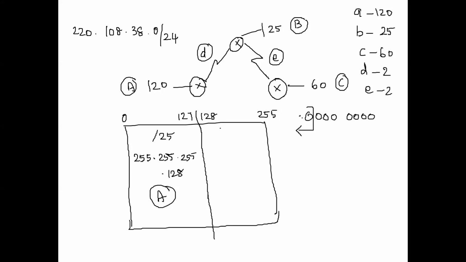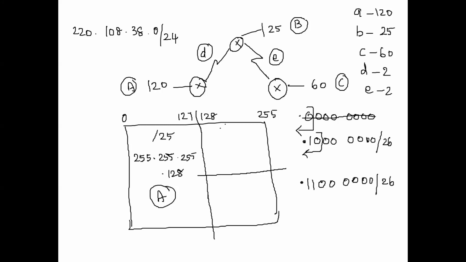So this network is done. I'm not supposed to touch it. There is one more block, 10000000, in this. I just borrow one more bit. When I borrow one more bit, this gets split into two: 10000000 and 11000000, /26. It has become /26. So this entire block is split into two.